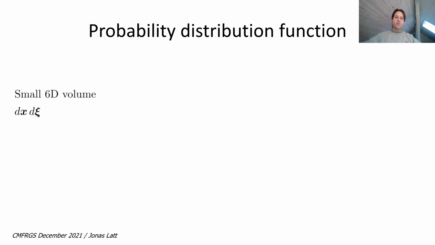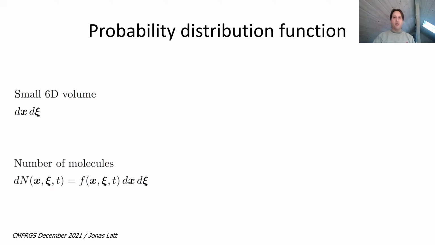And if you consider an infinitesimally small volume around position x and velocity xi, you're going to find a number of molecules, for example, gas molecules in that infinitesimal volume, and the number of molecules you are going to find in that volume is equal to the density F times the 6D infinitesimal volume. Okay, so this F is a probability distribution function for the presence of molecules at a given velocity and a given position.